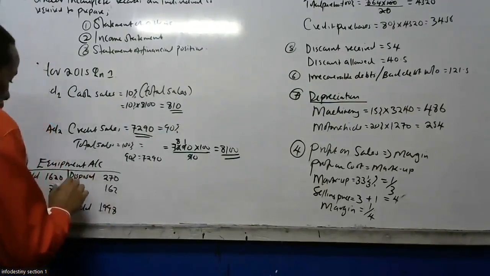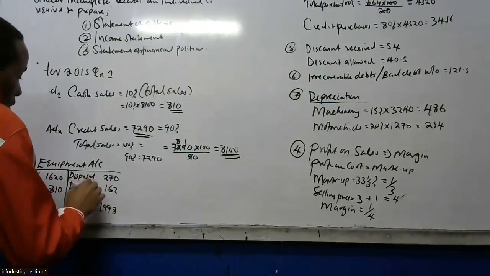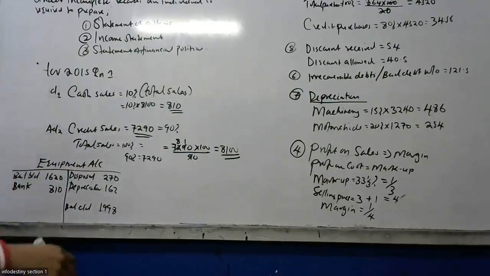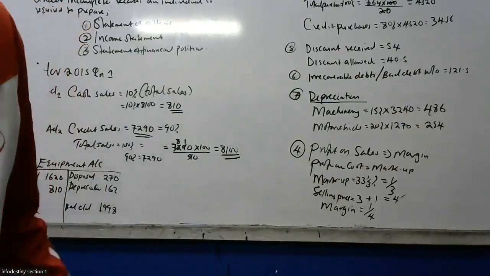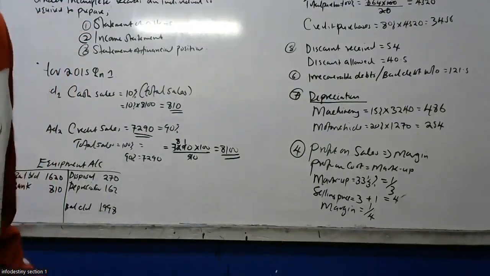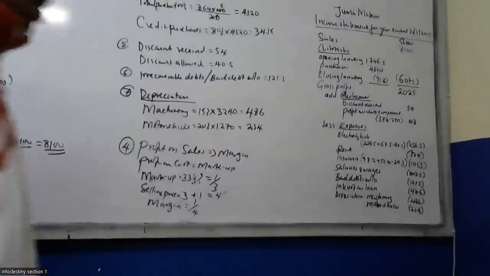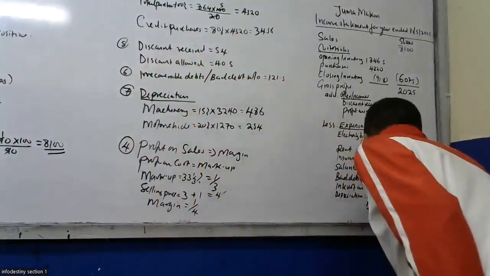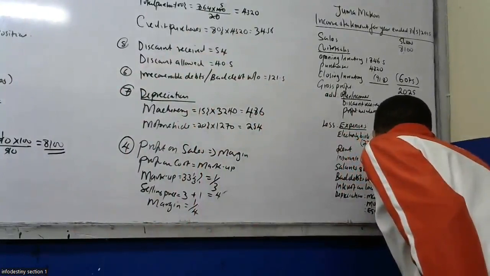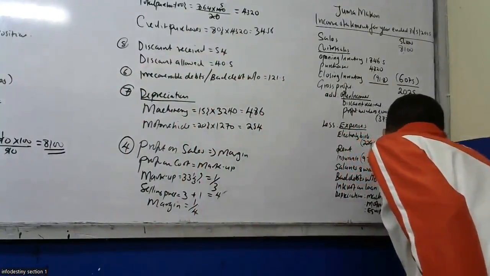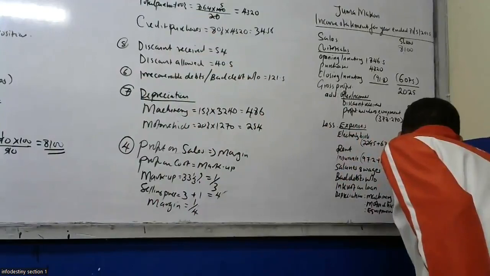So that means equipment also depreciated with 162. So we record it under depreciation for equipment, 162.